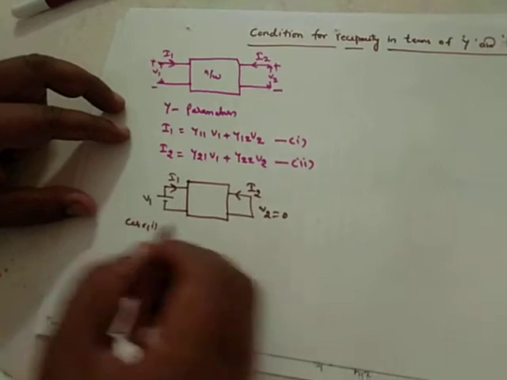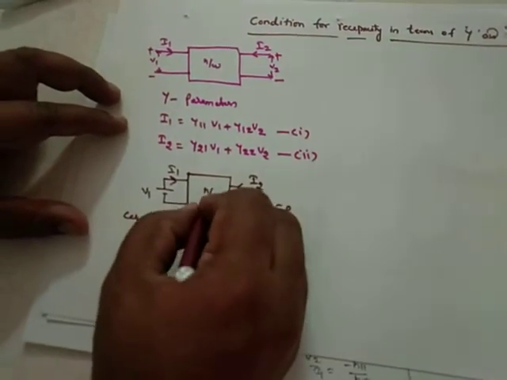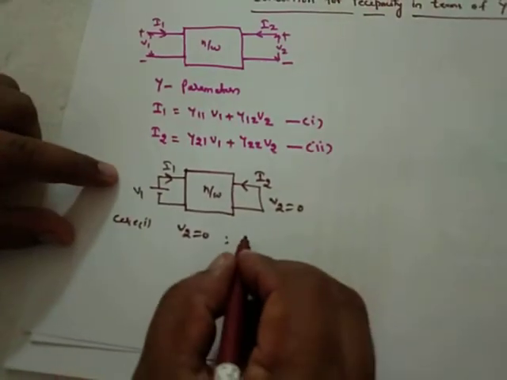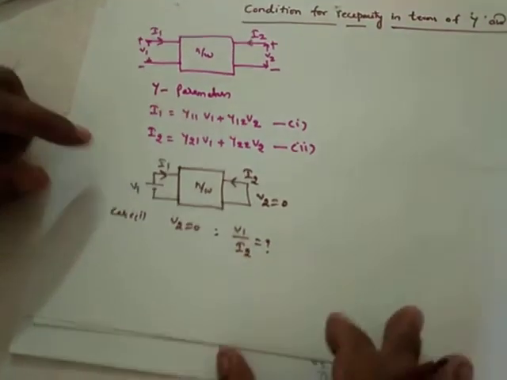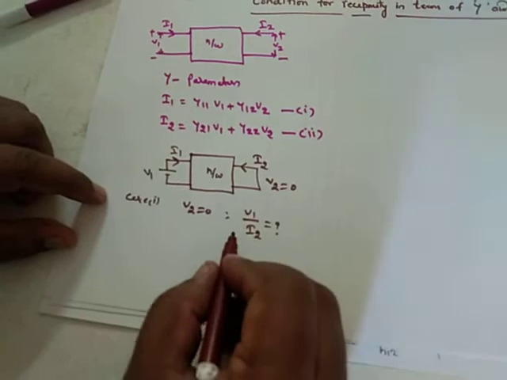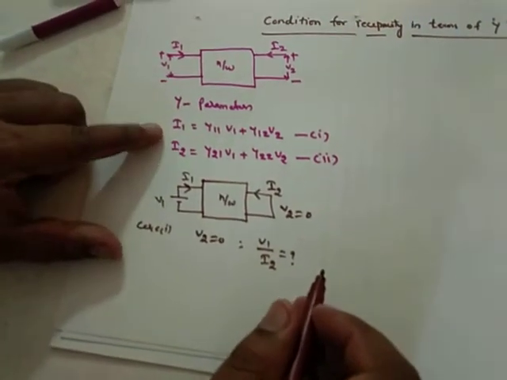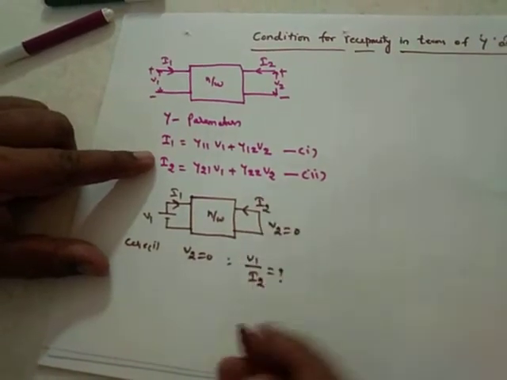Here, case 1: apply the condition V2 is equal to 0. This is the network, and find V1 by I2. Observe the basic equations and substitute the condition V2 is equal to 0.